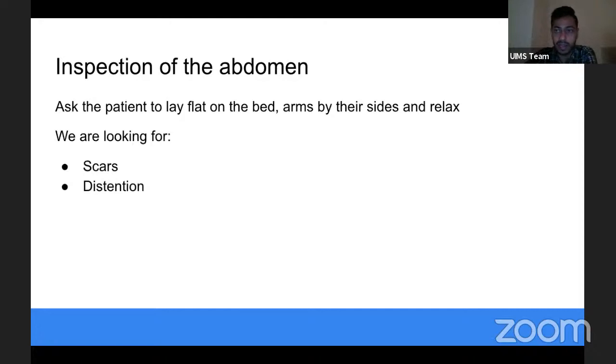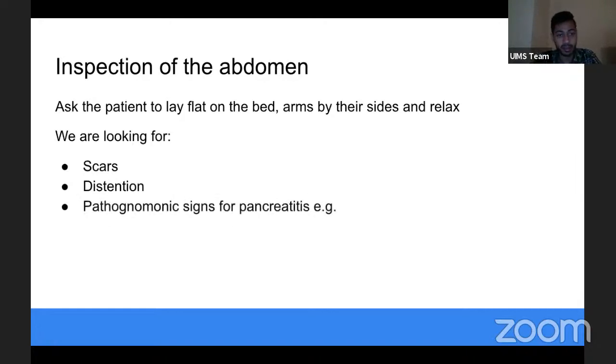It's a good mnemonic for all of you students listening. So fat, fluid, flatus, feces or fetus, or a mass, so fulminant mass. 6, not 5. And those are the 6 Fs, which usually lead to abdominal distension.